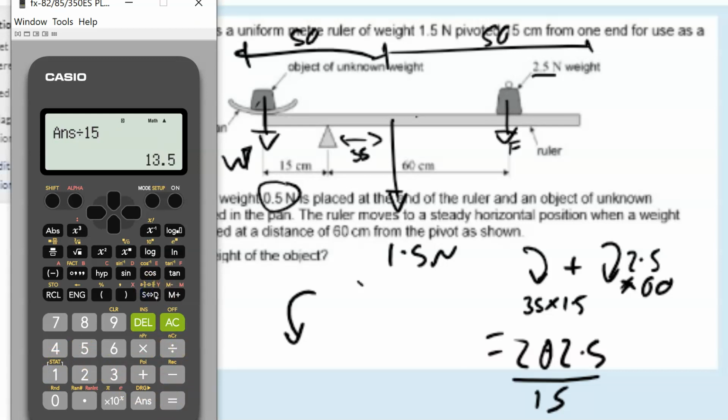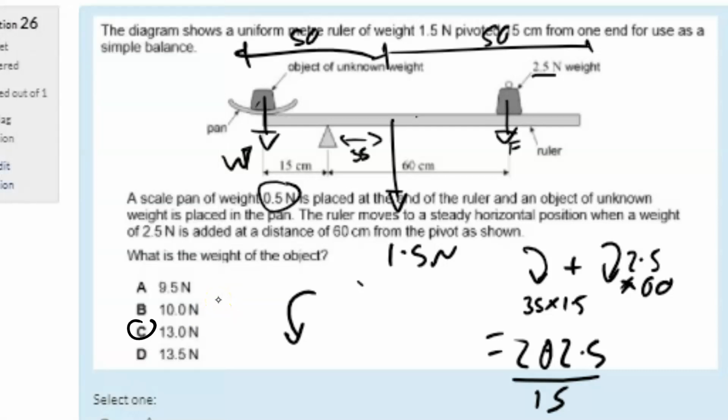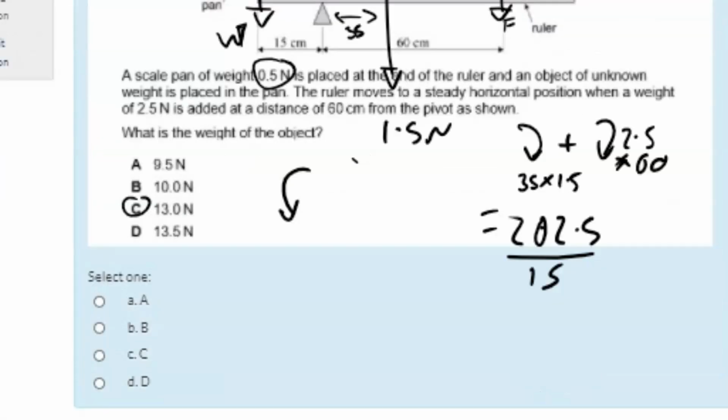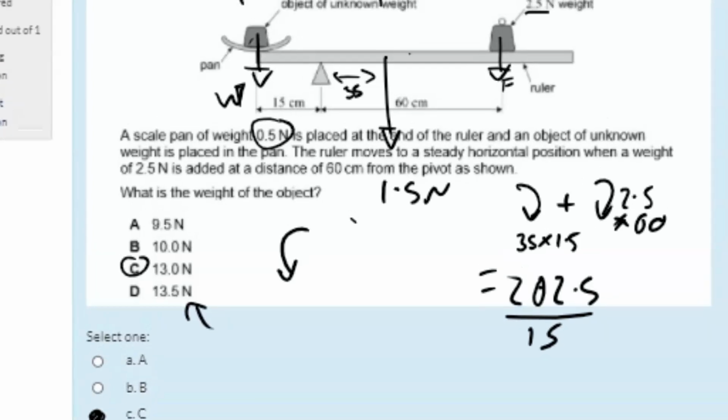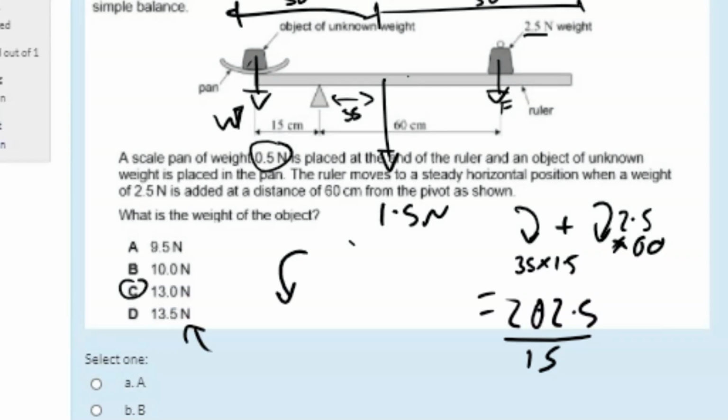Bosh. 13.5. We'll nip off that 0.5 now. And hopefully one of the answers is 13. Which it is, and that's the right answer. If you got 13.5, you can have a moral point, but sadly not a real one, because you've done all the hard work, but you've forgotten to take off the weight of the pan.